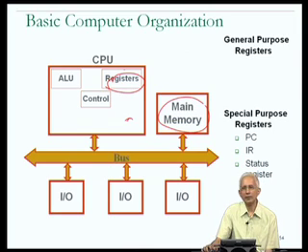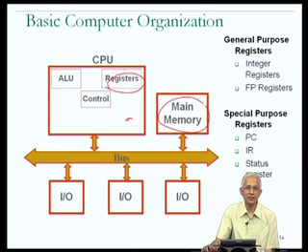And in answer to this question, the designers of computers sometimes include separate registers to store integers and separate registers to store real values. Remember that the real values are represented using floating point representation. So the registers which are used to hold real values might be called floating point registers.